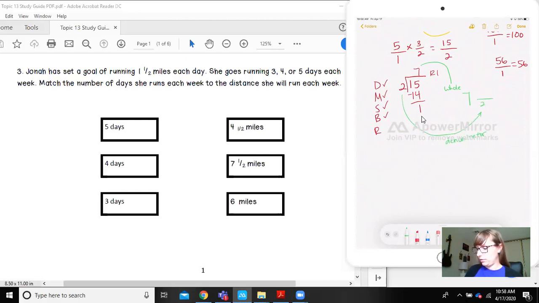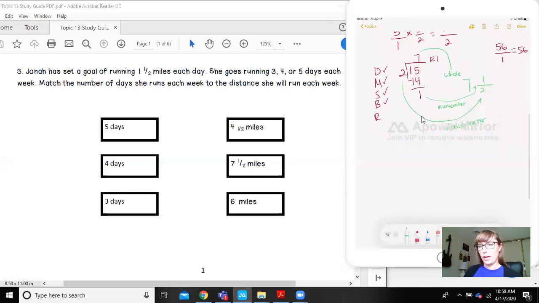And this 1 becomes our numerator. So how many miles is she going to run in 5 days? She's going to run 7.5 miles. So you would take this 5 and match it to the 7.5 miles, okay?